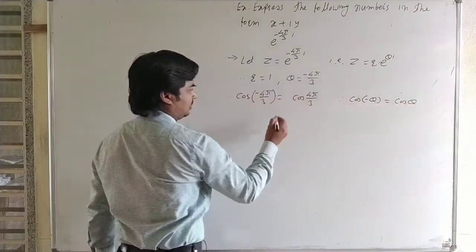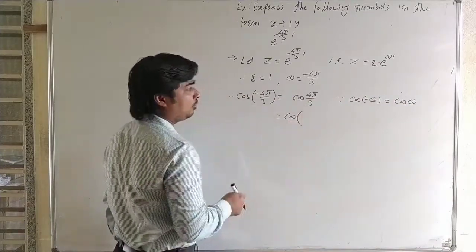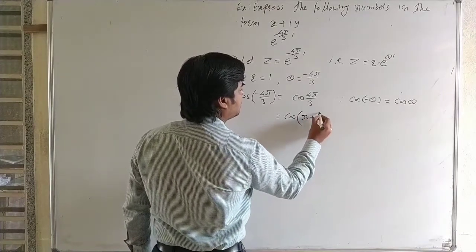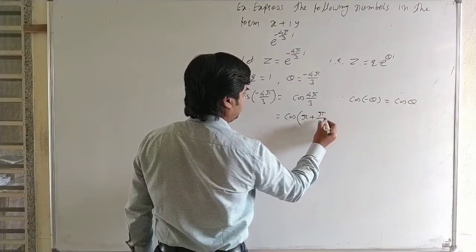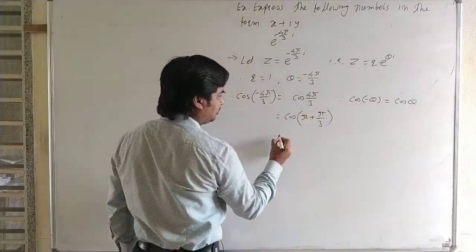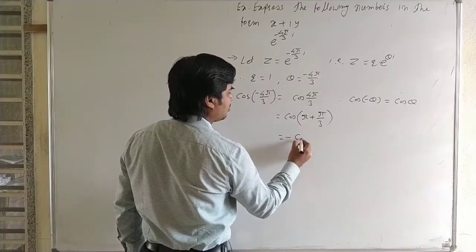Okay, now 4 pi by 3, it is cos 4 pi by 3, that means pi plus pi by 3. 3 pi plus pi, it is 4 pi by 3. Again here we use the pi plus theta formula. Cos pi plus theta is minus cos theta.